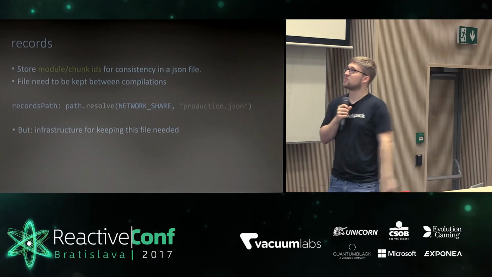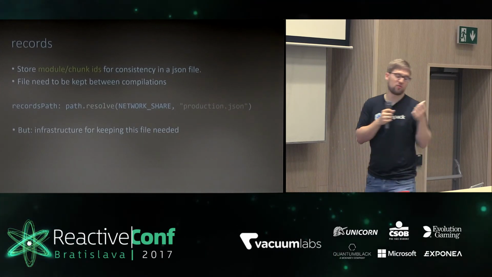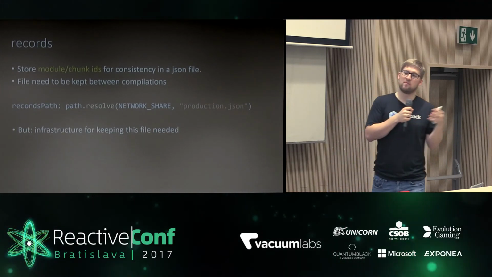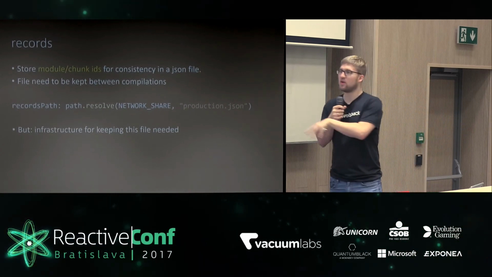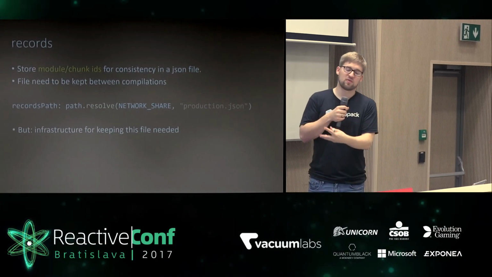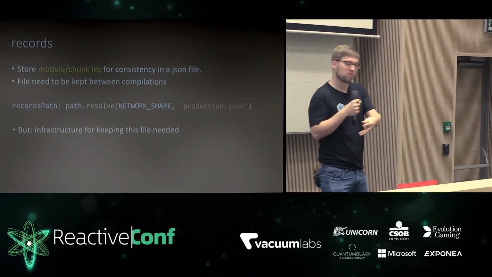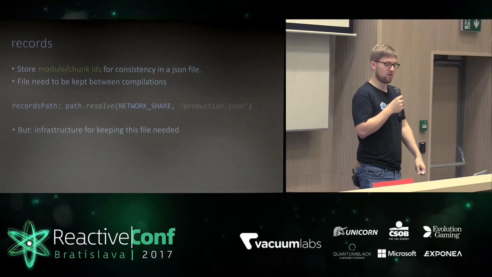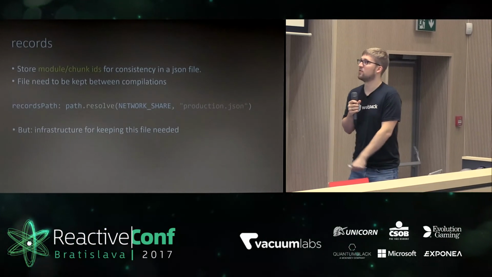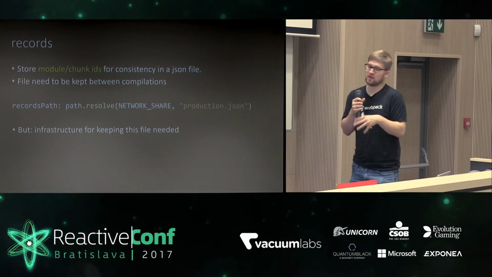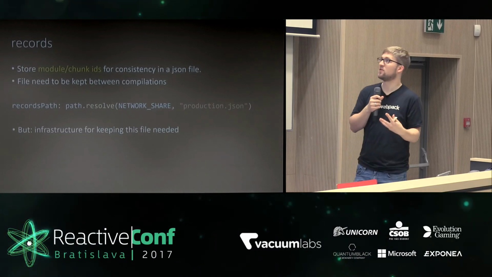So there's a feature called records, which allows you to store the mapping from module name to module ID and reuse it on the next compilation. So basically it stores a file and reuses the module IDs from the records file. So they never change if you have records.